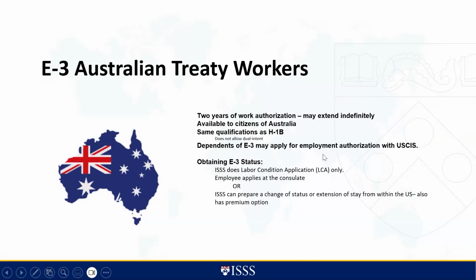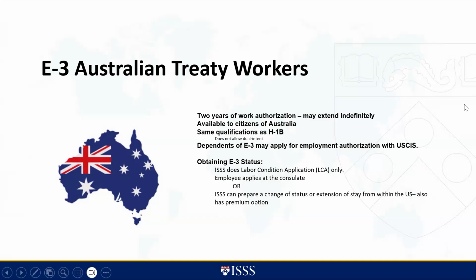It's only available for Australians. The qualification is very similar to H-1B. It's not like TN, where you have to qualify for a profession on a very limited list. For E3, the qualification is similar to H-1B, and the process is also similar to H-1B.